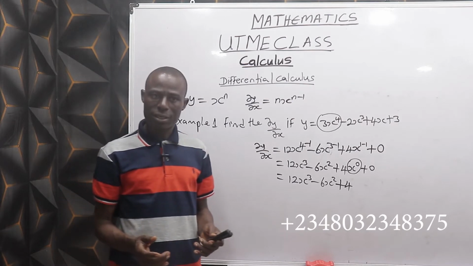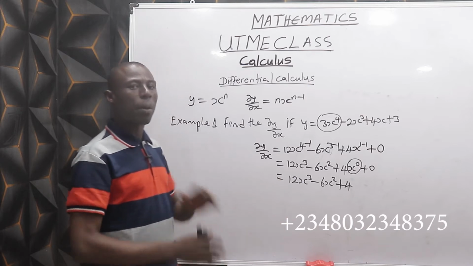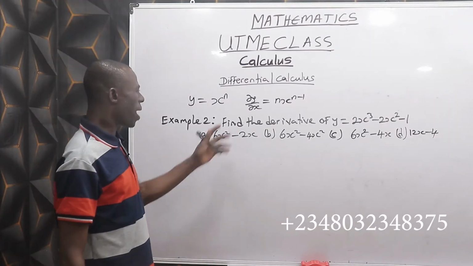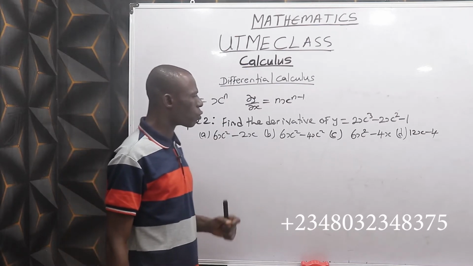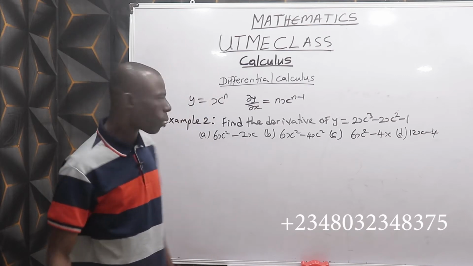Do you understand? Now, let's go into UTME past questions. Let's consider example 2. Find the derivative of y equals 2x raised to power 3 minus 2x raised to power 2 minus 1.